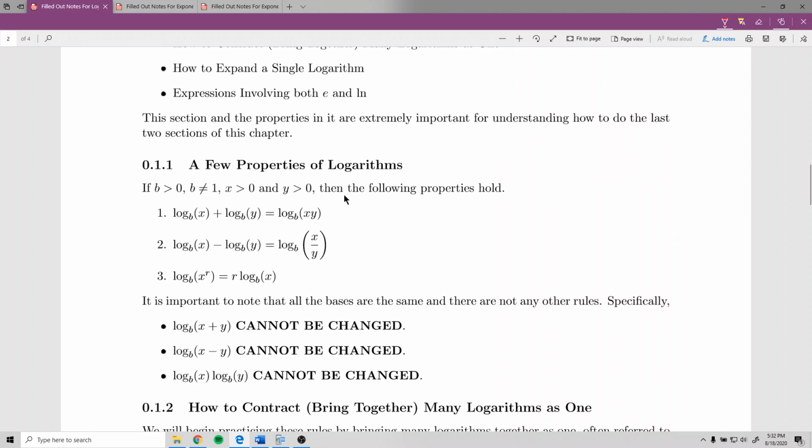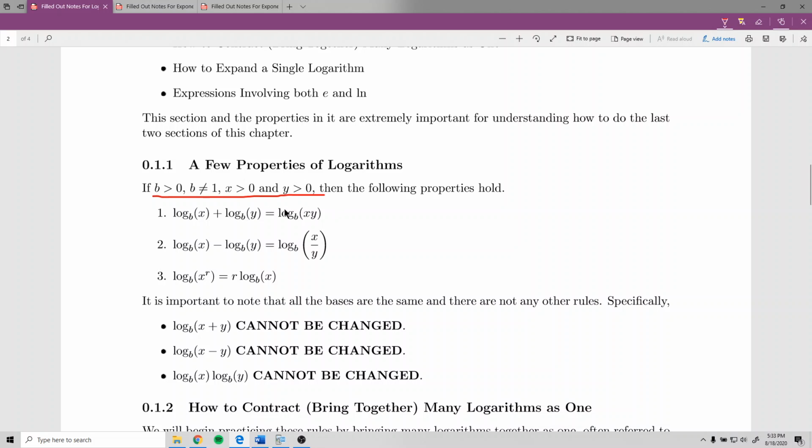All right, so here are the three properties, and I like to annotate these quite a bit because it's easiest not to remember them as formulas, but to remember what they're saying. Now this part up here, b greater than 0, b does not equal 1, x is greater than 0, and y is greater than 0.